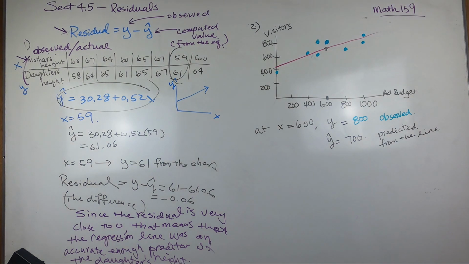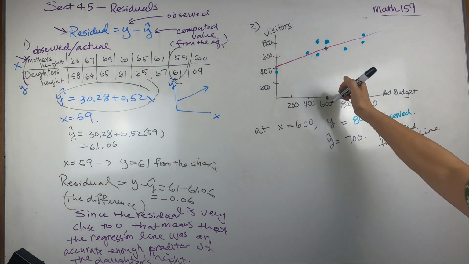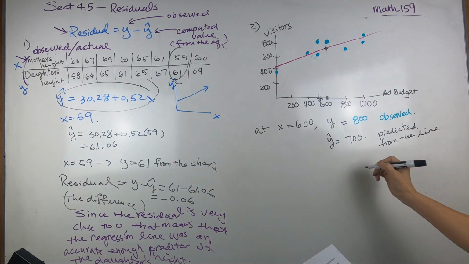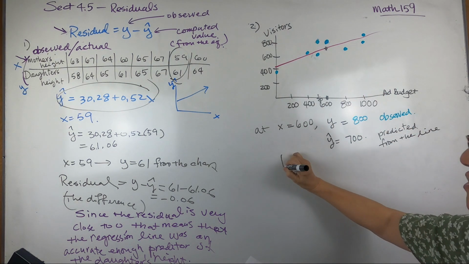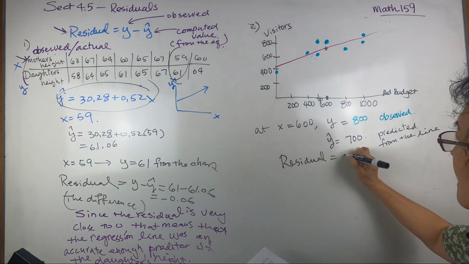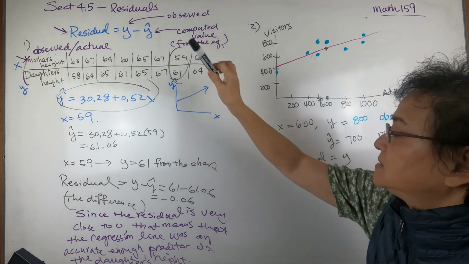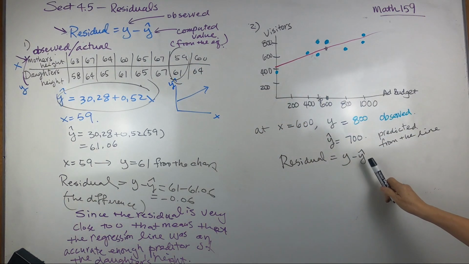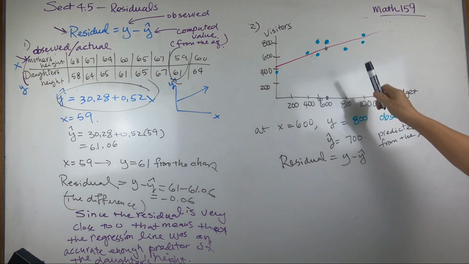Then what's the residual at that point? Because it says to find the residual for the week when the retailer spent a $600 budget. So your residual would be y minus y hat, observed minus predicted.